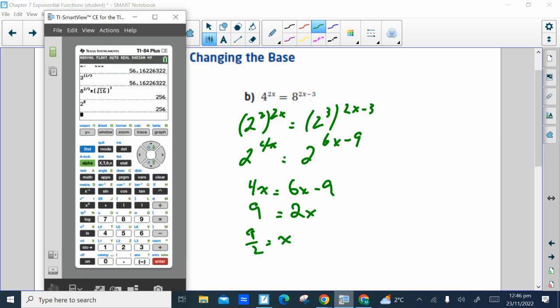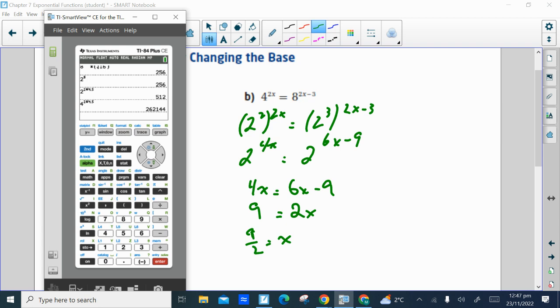So we can check that. 2 to the power of 2 times 4.5 is 512 on the left. On the right side, you're going to have, I'm sorry, I did that wrong. I used a base of 2. It should be a base of 4. So let me fix that. 4 to the power 2x.